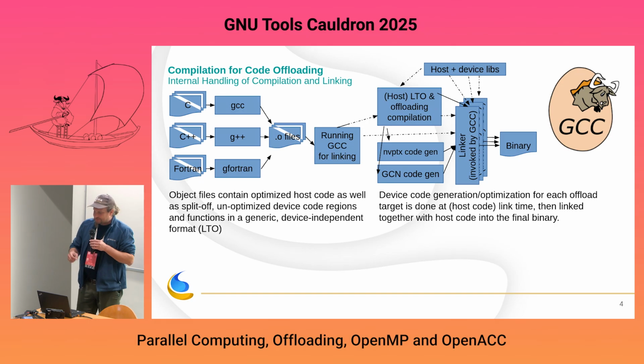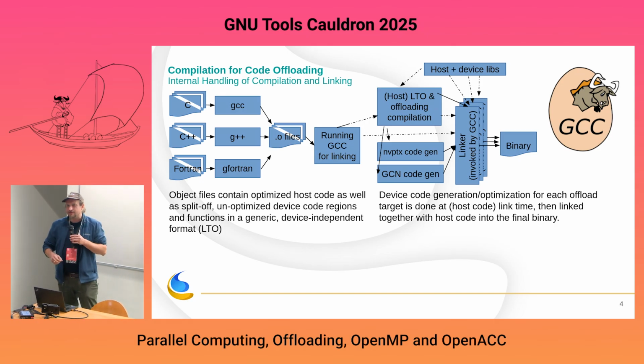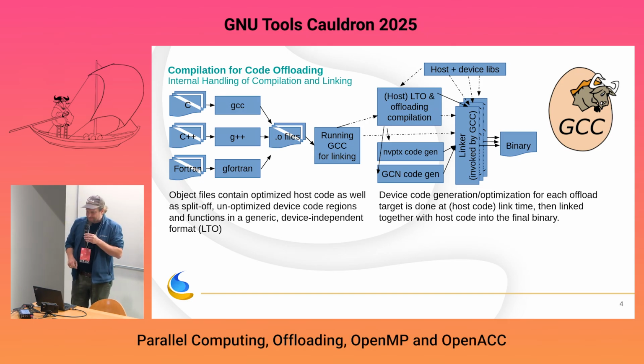But that is then the front end to the offload compiler. So we literally take the LTO front end that GCC has, but on the back of that, we do not have the normal host code optimization and generation, but that is fed into the GPU compilation pipeline.